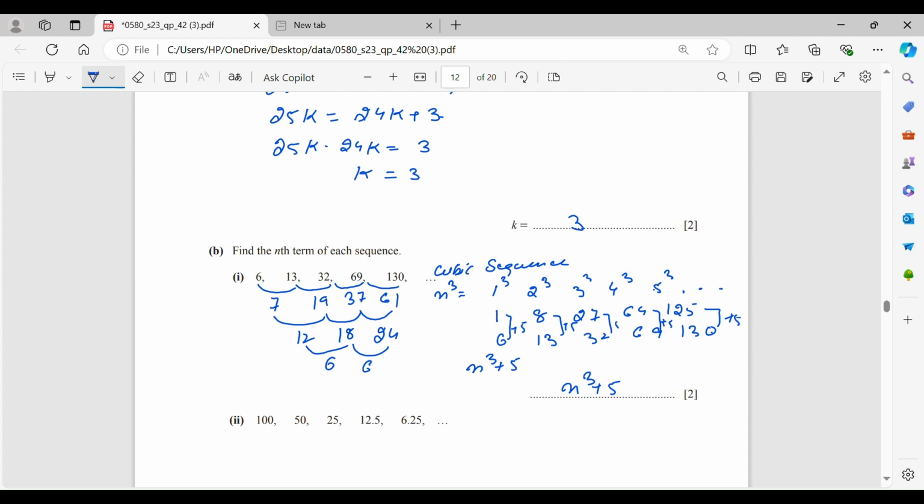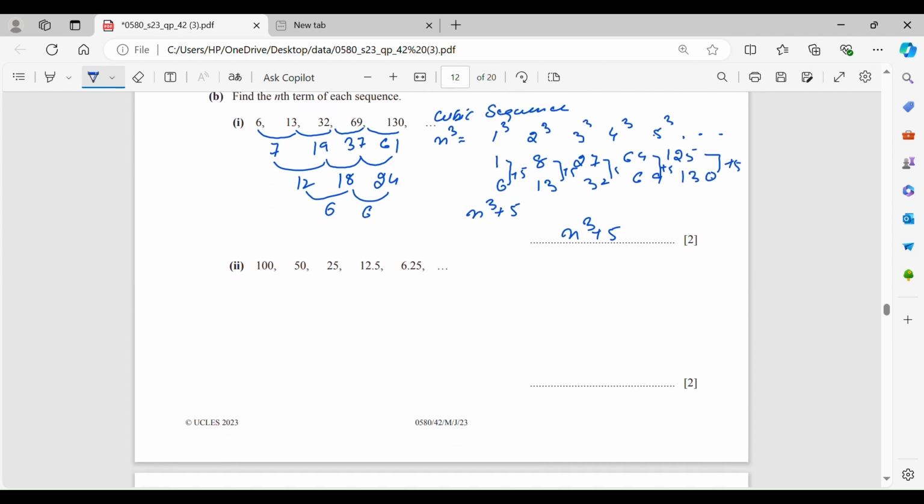Next is this one, divided by 2, this is divided by 2, divided by 2. Yes, so this is a geometric sequence. For a geometric sequence, Tn is equal to a r to the power n minus 1, where a is the first term.